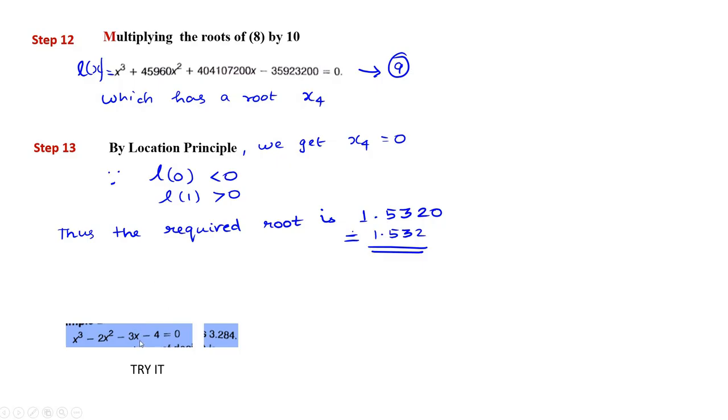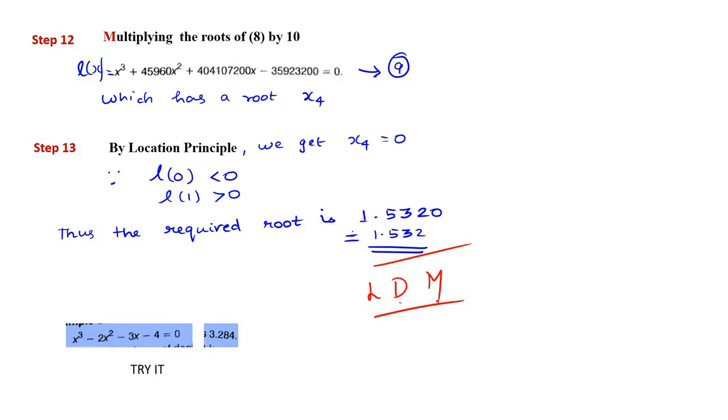Now this problem you can try on your own. You need to follow LDM: location principle, diminish, and then multiply the roots by 10. And when you diminish and multiply, after a few steps, that is the third one, that is x1, x2, x3, when you try to find x4, the numbers will keep increasing.